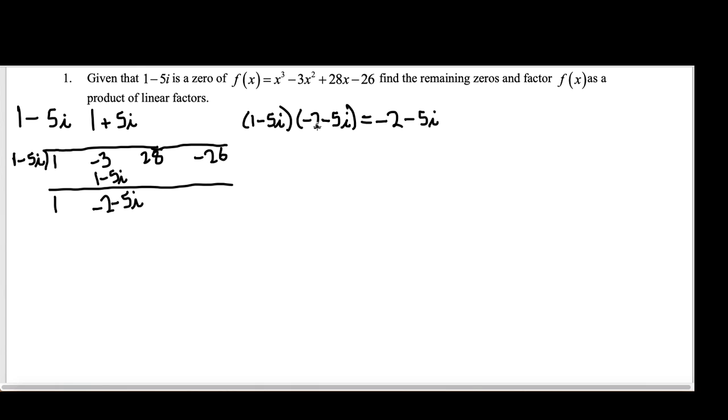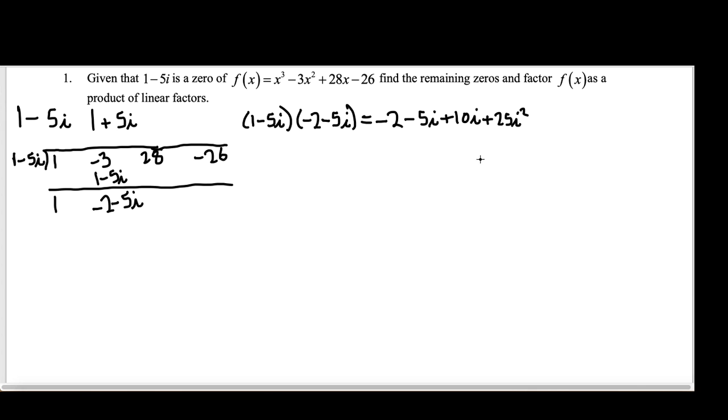Negative 5i times negative 2 is plus 10i. Negative 5i times negative 5i is plus 25i squared. Okay.